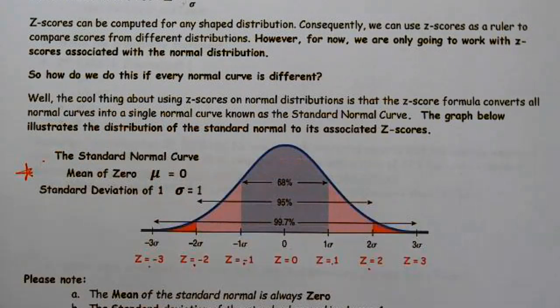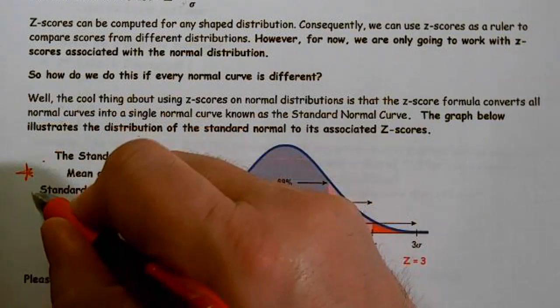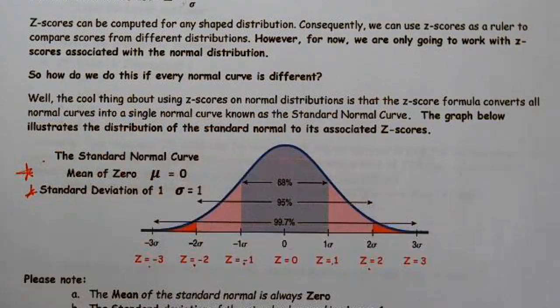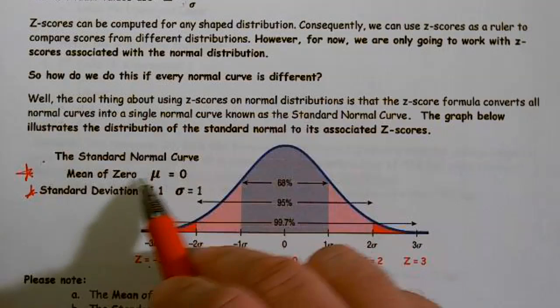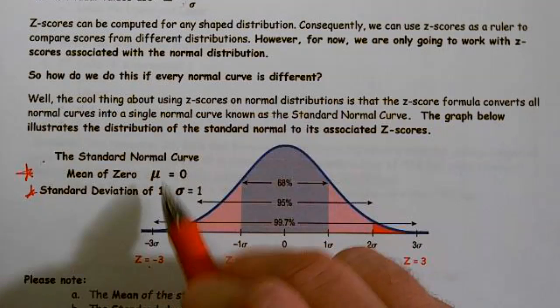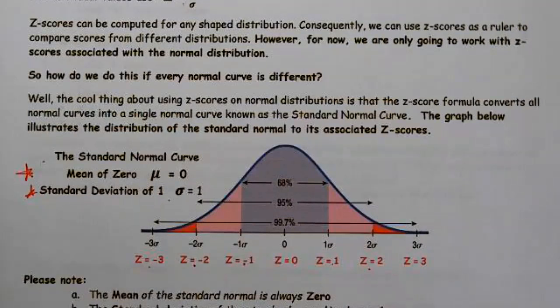All z-scores: if I give you a z-score, it's like, oh, I know what the mean is. The mean is 0. If I tell you it's a z-score, or if I'm looking for a z-score, the standard deviation is 1, and you're going to need this at the end of the week. So please don't forget this. Mean of 0, standard deviation of 1 is true for all z-scores.